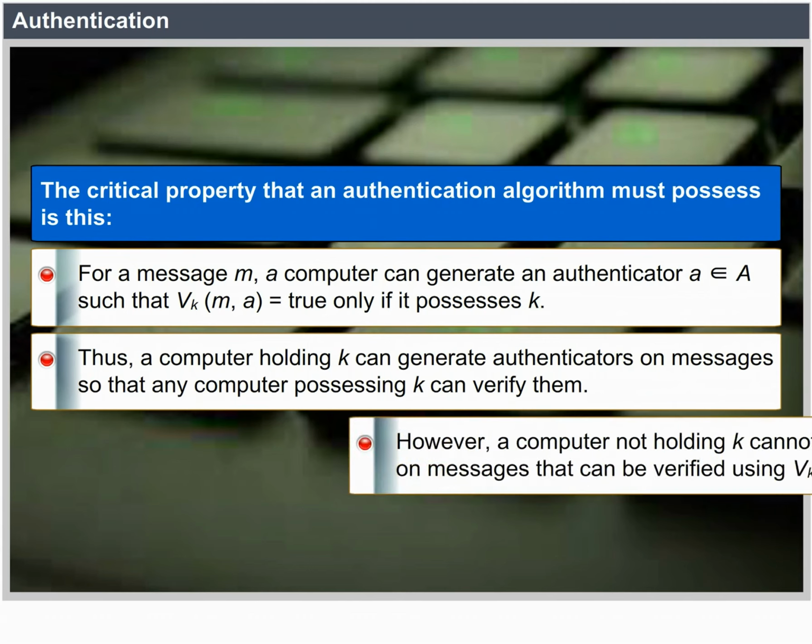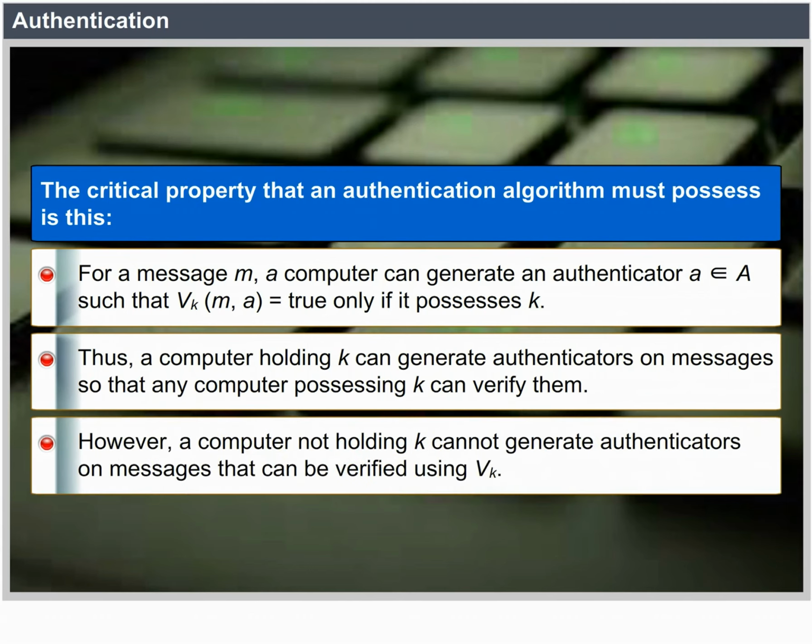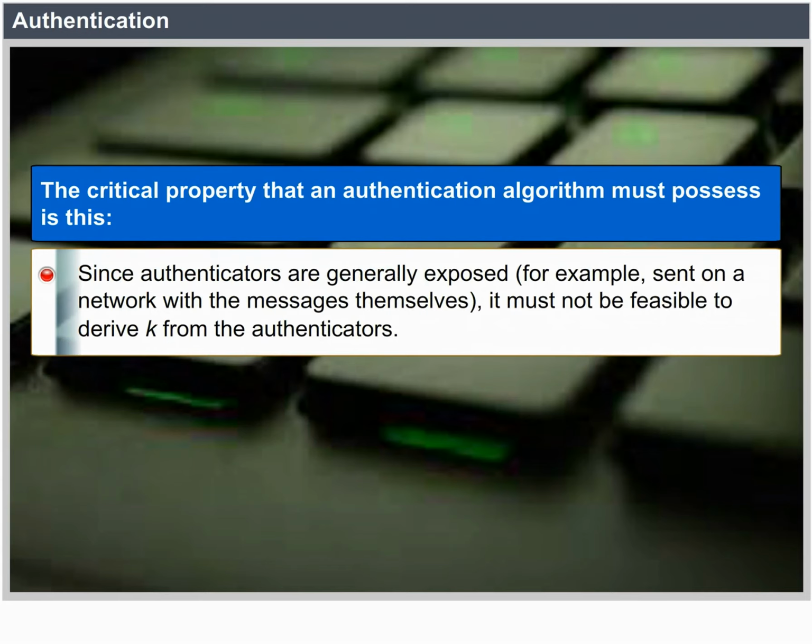However, a computer not holding k cannot generate authenticators on messages that can be verified using V_k. Since authenticators are generally exposed, for example, sent on a network with the messages themselves, it must not be feasible to derive k from the authenticators.